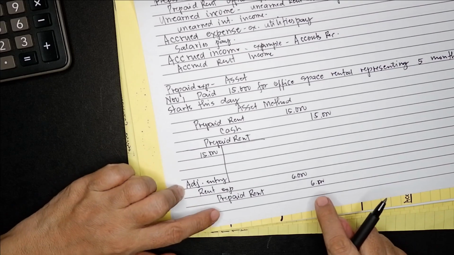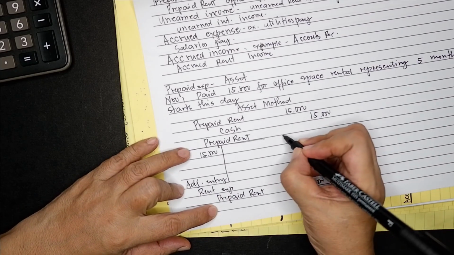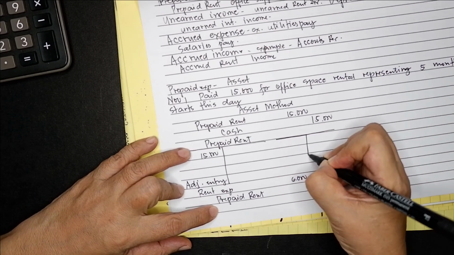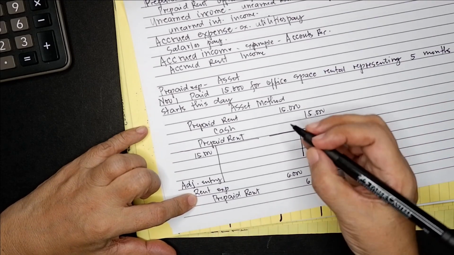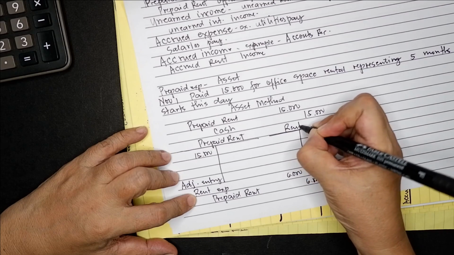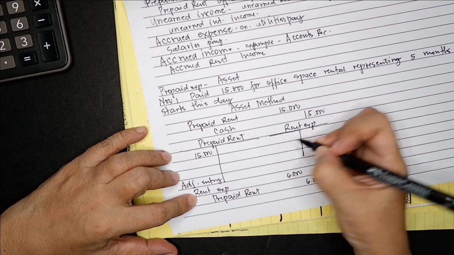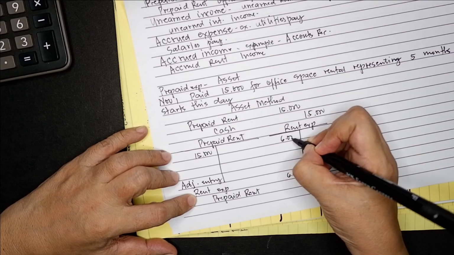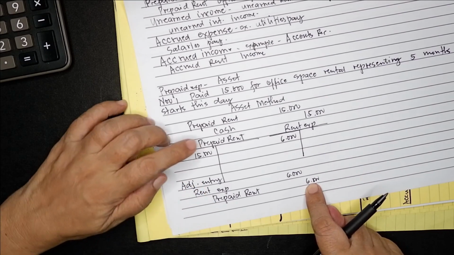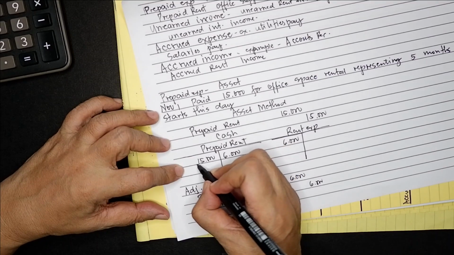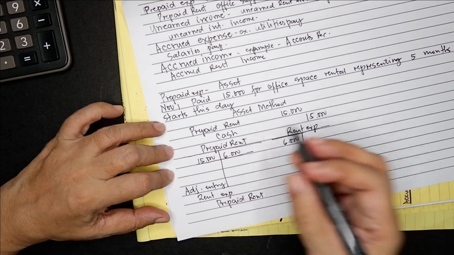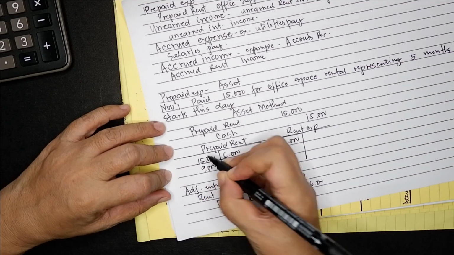So, after preparation of the entry, again, you're going to post it in your T account. So, we have debit rent expense 6,000, and credit prepaid rent 6,000. So, after that, we can get the balance. This is 9,000.